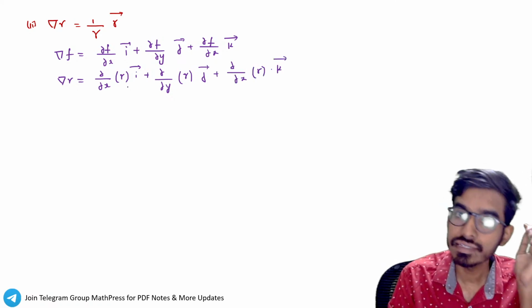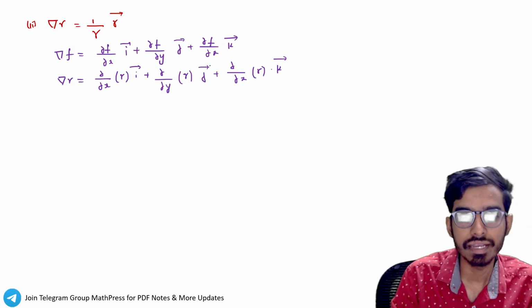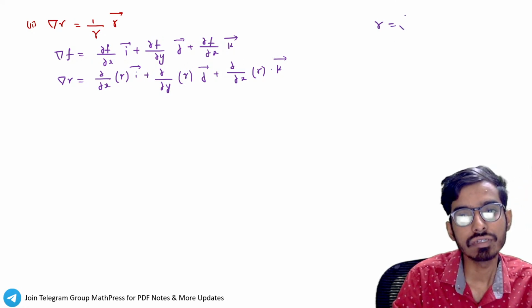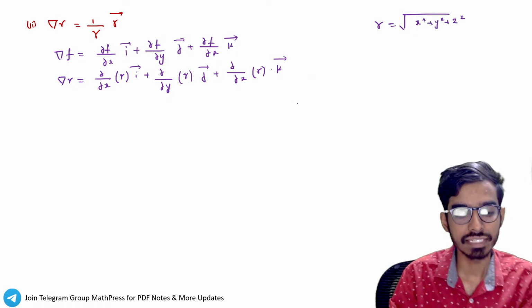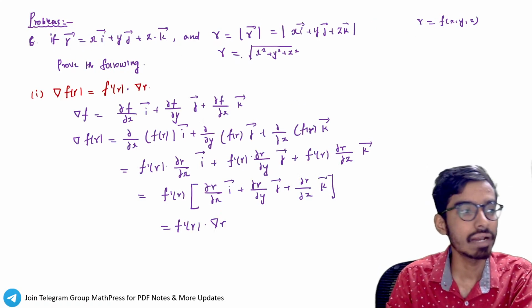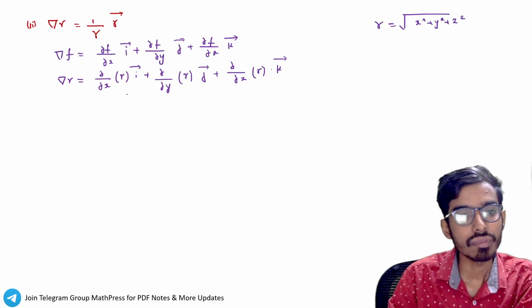Remember, r is a function of x, y, z here. We know r is root of x² + y² + z², because r is the modulus of the r vector.